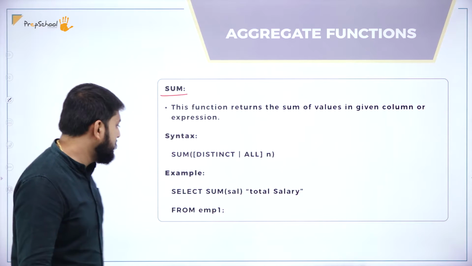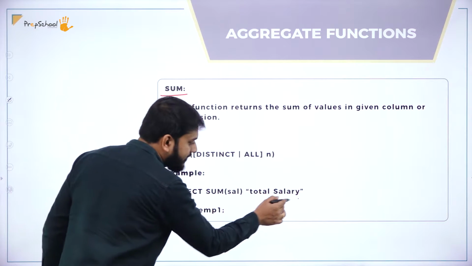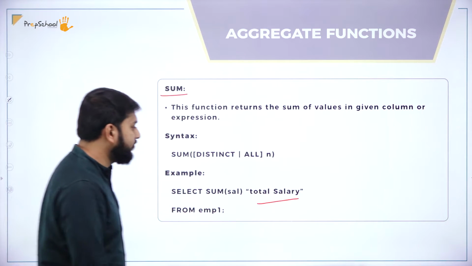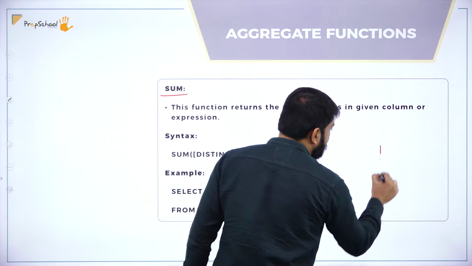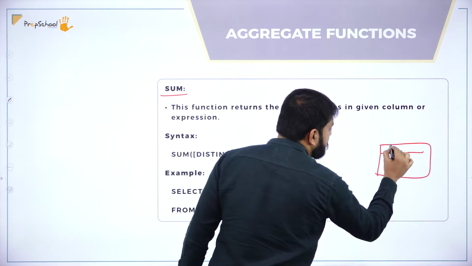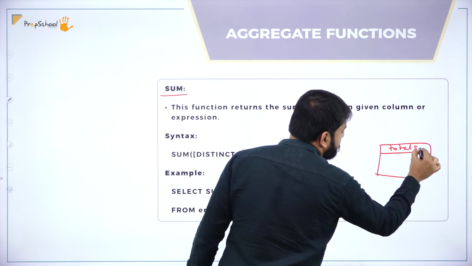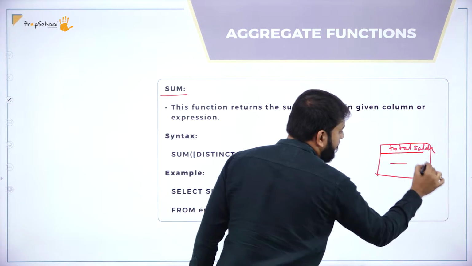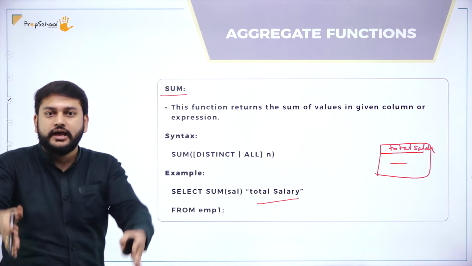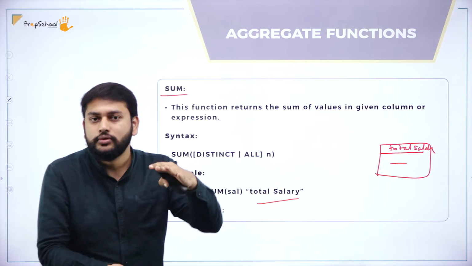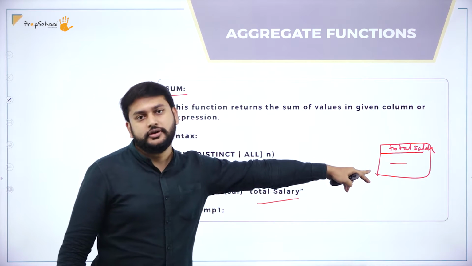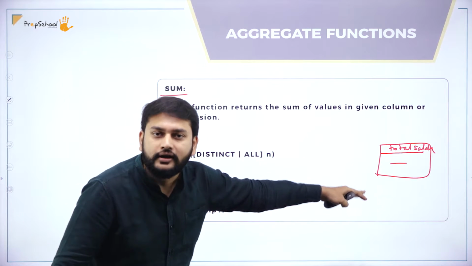Sum will help me calculate the total salary that I am paying, right? My output will obviously be something like this. So guys, total salary, whatever the amount that I have, the entire value, it'll total, and the result will be given here, right? That is what you need to understand.